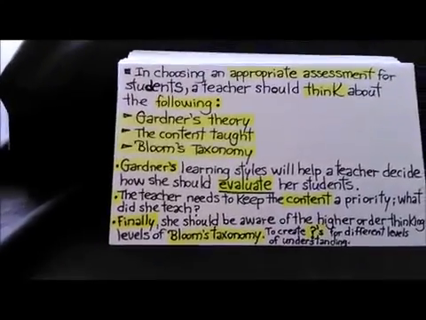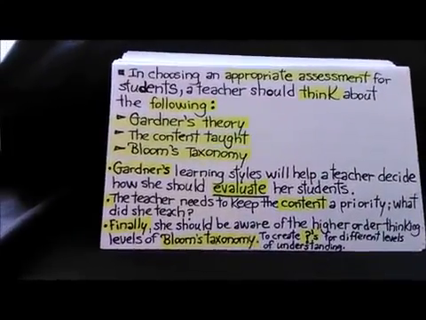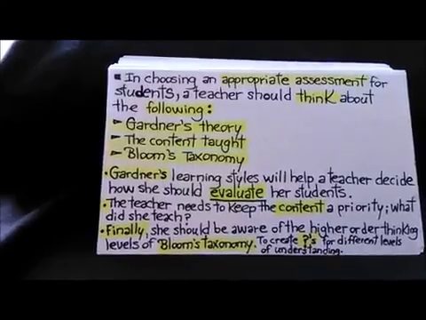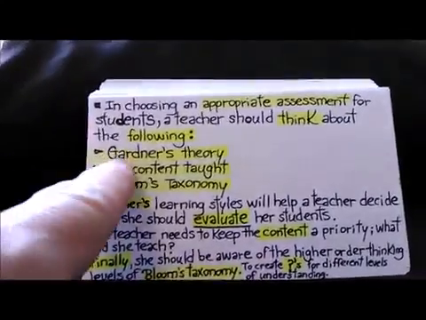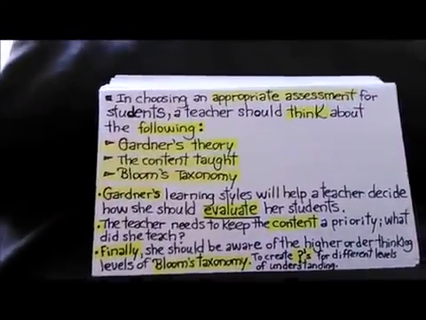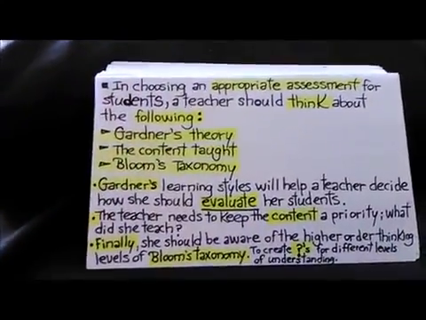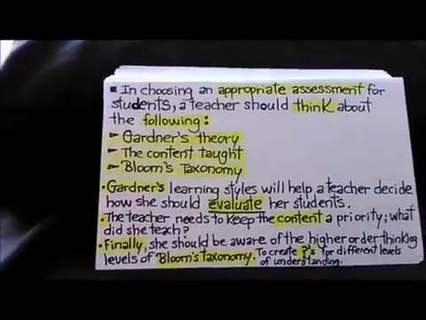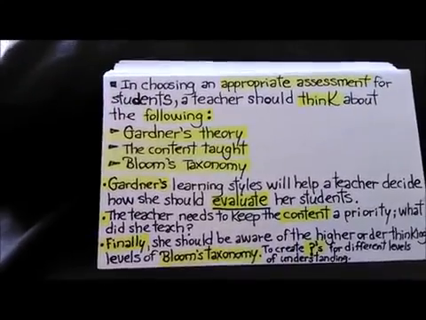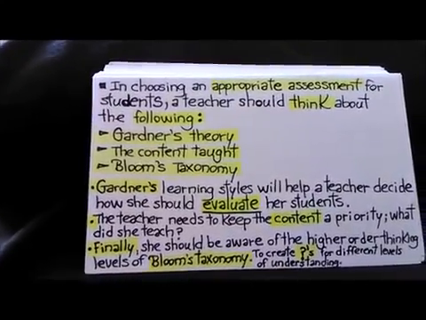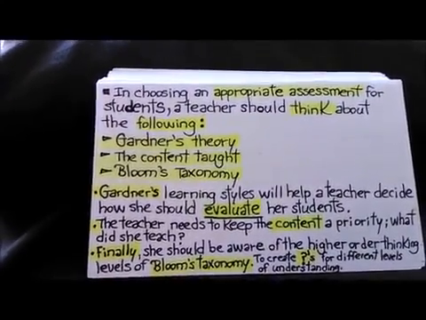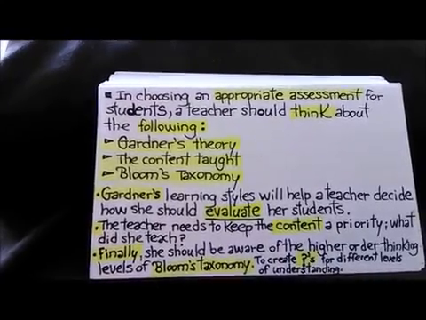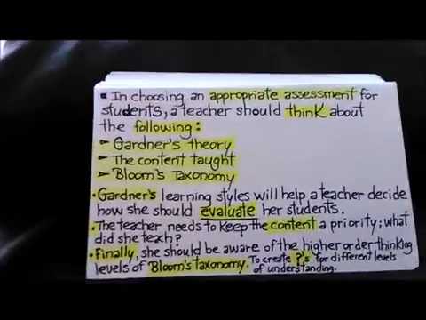In choosing an appropriate assessment for students, a teacher should think about the following: Gardner's theory, the content, and Bloom's taxonomy. Gardner's learning styles will help a teacher decide how she would evaluate her students.